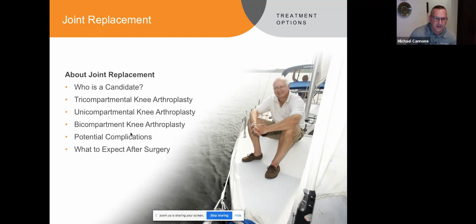Anecdotally, we think they may get better a little bit quicker. By about 6 weeks, you should be getting around fairly well, and by 3 months, most patients, especially after partial knee replacement, should be able to get back to some form of athletic activity for a period of time.